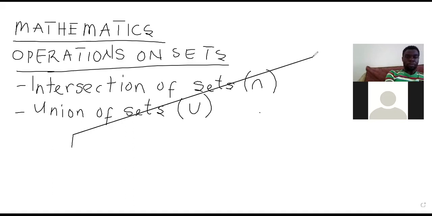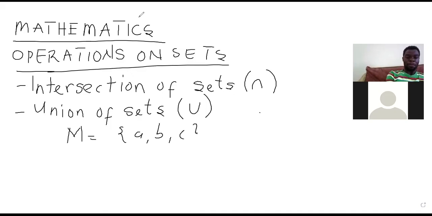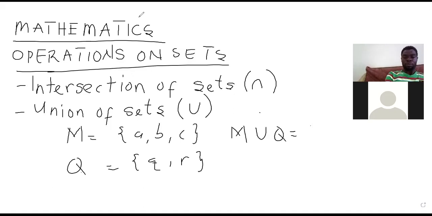Good. So if I have, let's say, a set M equal to A, B, C, a set Q equal to Q, R. Okay. Now M union Q, that is we are combining the members of M and Q. That's the meaning of union.